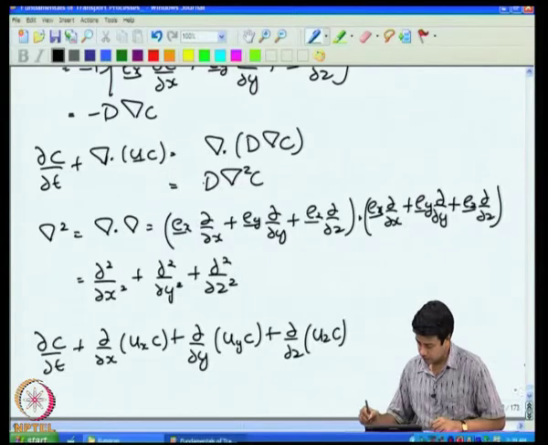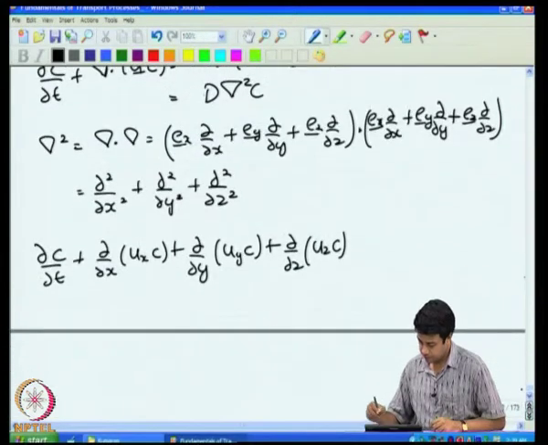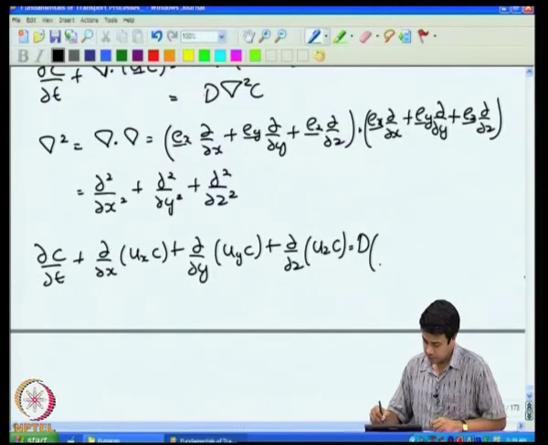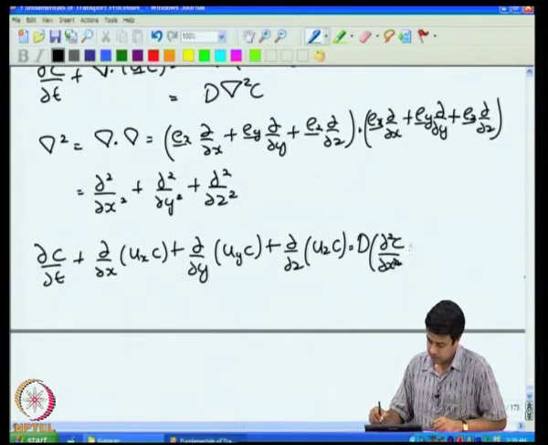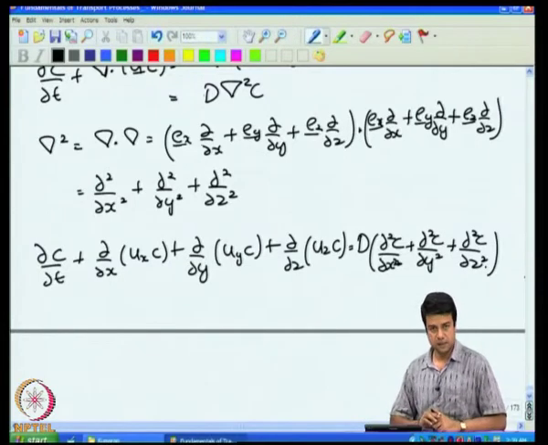Okay. This will be equal to D into d square c by dx square plus d square c by dy square. Okay. That is in a Cartesian coordinate system.